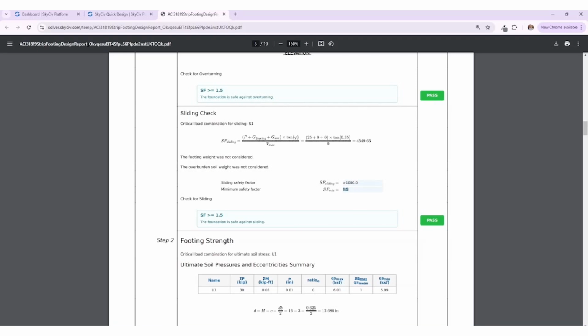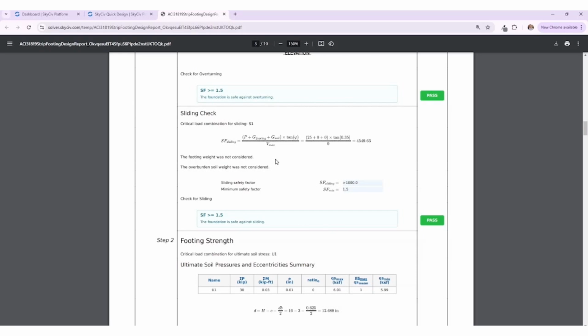I also input the minimum safety factor, typically the minimum safety factor for sliding, according to ACI 318.19, should be greater than or equal to 1.5. Why this sliding check matters is if the sliding safety is too low, the footing may move laterally, compromising the structure that it's supporting.